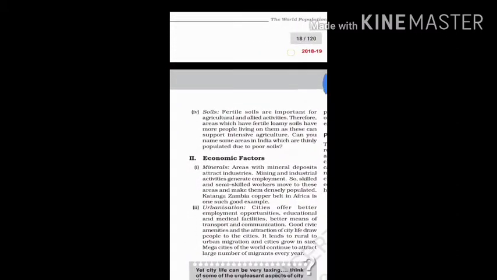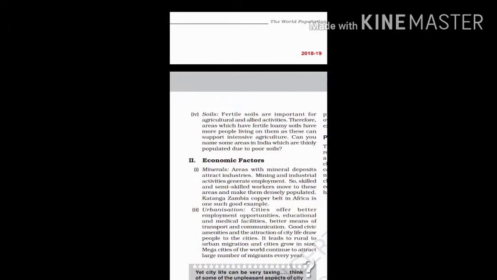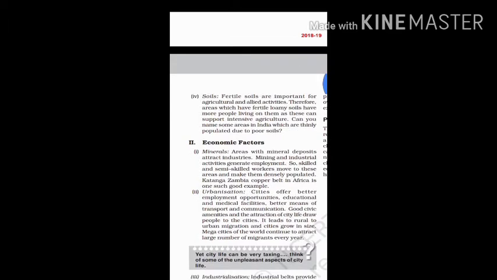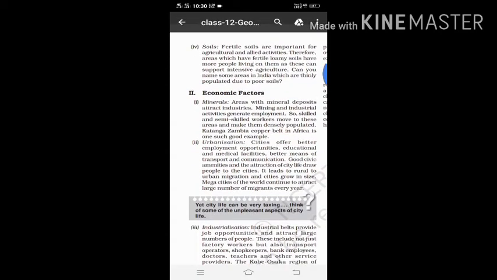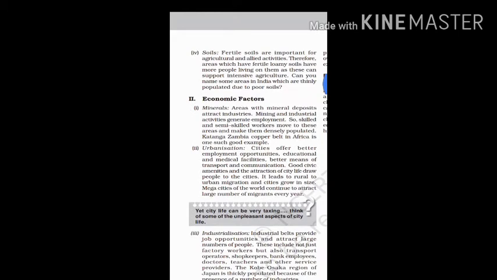So next comes soil. As we all know, fertile soils are important for agricultural activities. So people prefer to live in areas near fertile soil. So you can well understand this one.